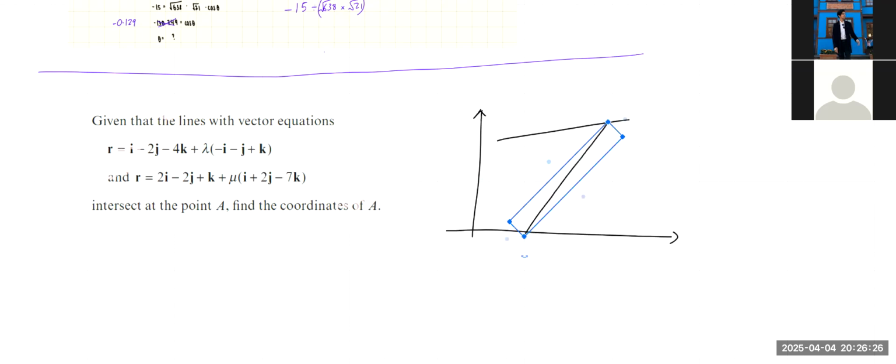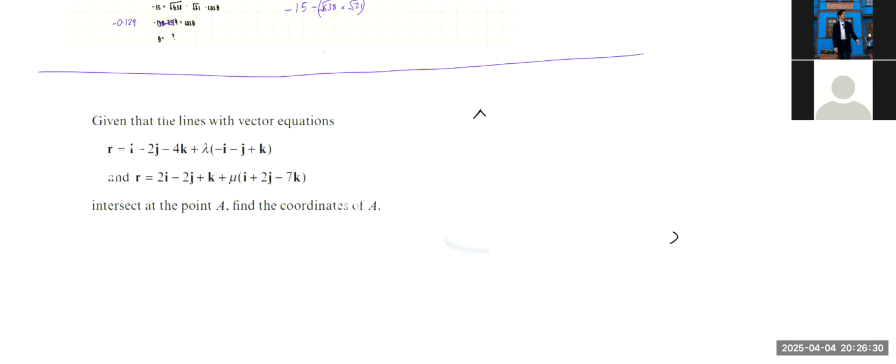It's impossible. However, in the 3D world, it's actually very possible and common that two vectors that are not parallel still never meet, which is impossible in the 2D world. How? If one vector is up here and the other vector is down here, even though they're not parallel, they won't ever meet, because this one is downstairs and this one is on the upper floor. So they're never going to meet.